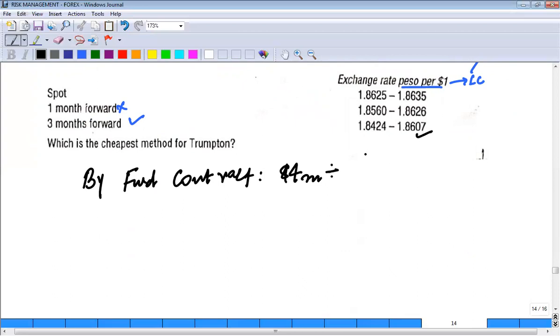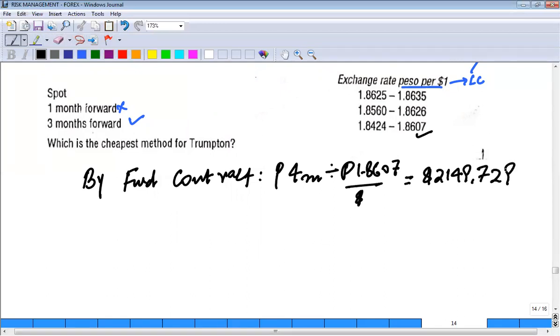That is 8607. That means we have to pay $2,149,729 by forward contract.